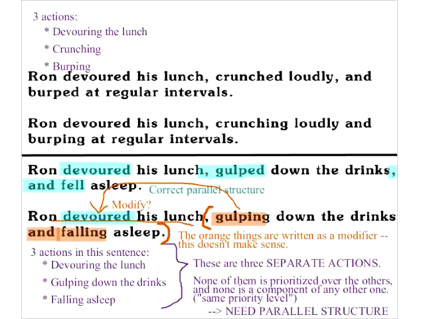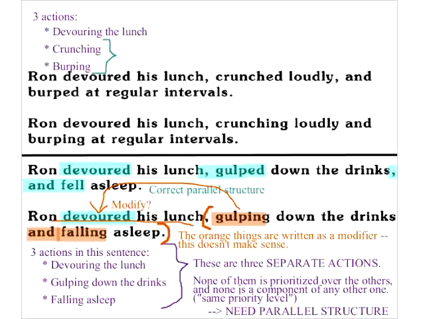You can't make objections like, what if that was totally separate crunching? What if Ron was walking through the snow and his feet were crunching? Well, you can't really do that. You have to ask what the sentence is clearly intended to mean if it were delivered to you. And these are descriptions of devouring the lunch.